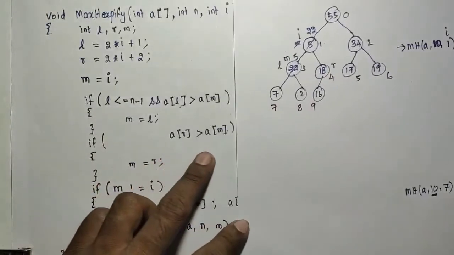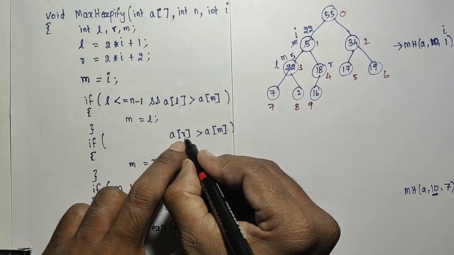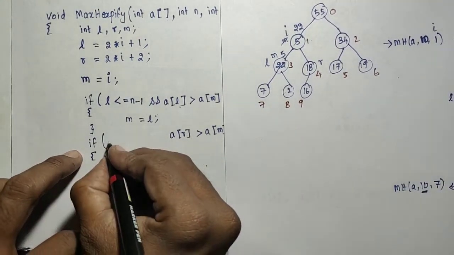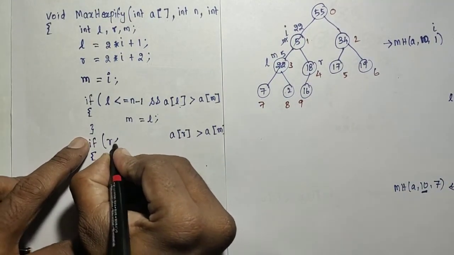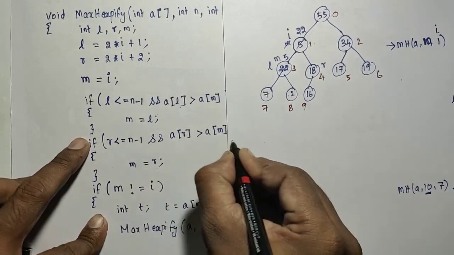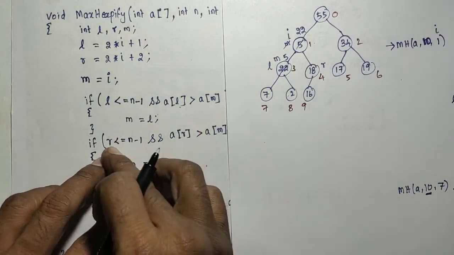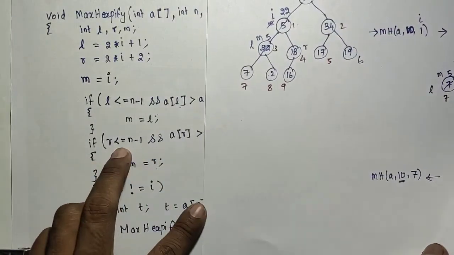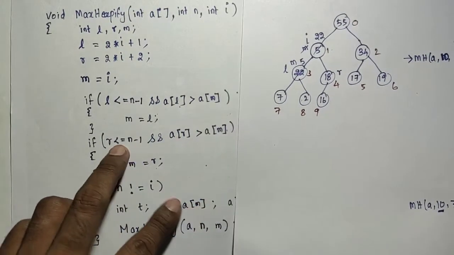So again, before comparing the Rth element with the mth element, we have to check whether R is valid or not. That is, R must be less than or equal to n minus 1, but here 16 less than or equal to 9, so the condition is false, so it will be terminated.